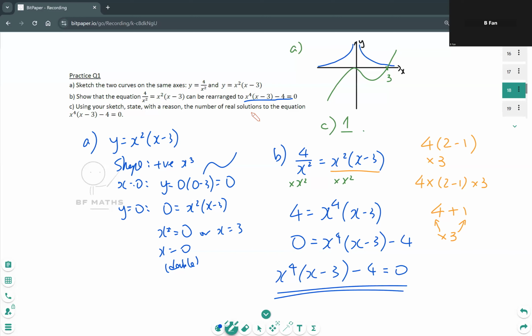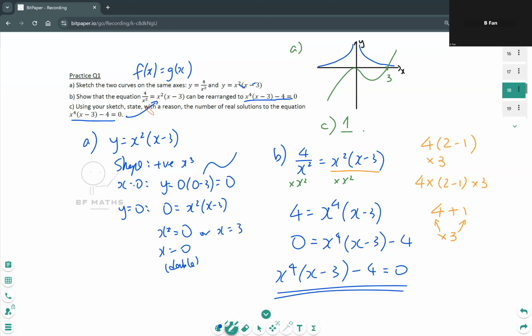Part C, using a sketch, state with a reason the number of real solutions to the equation x to the power 4 bracket x minus 3 minus 4 equals 0. Now, if we look at this equation, where does it come from? Look at part B. This is the same as this one, where one graph is on the left side and the other graph on the right side. So that's the same as f of x equals g of x.